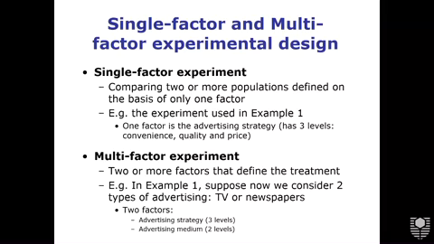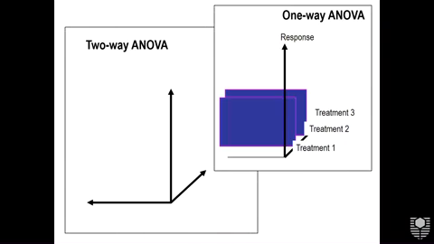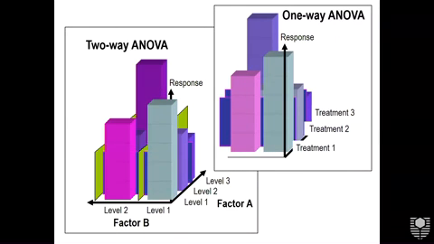Right? So different levels. If we see this in a diagram, in one way ANOVA, we're going to have just 3 treatments. And if it's multi-factors, that means 2-way ANOVA, because we extend to using newspaper and TV, right?